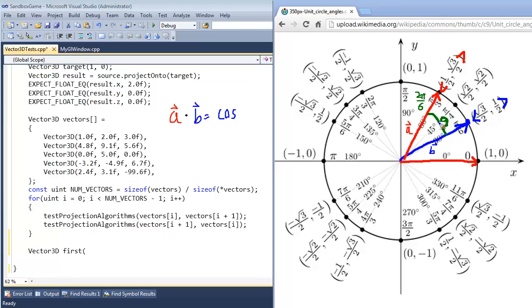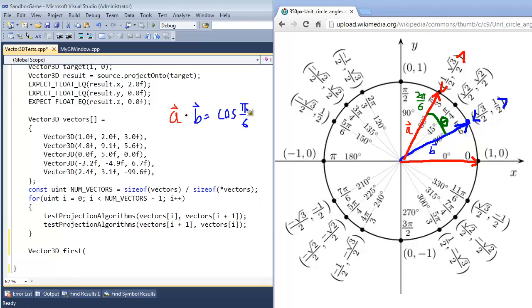Well, what's this angle here? It's pi over 6. So we can do a simple unit test by making vectors out of these coordinates here, doing the dot product, and that should give us the same as calling the cosine function with pi over 6.